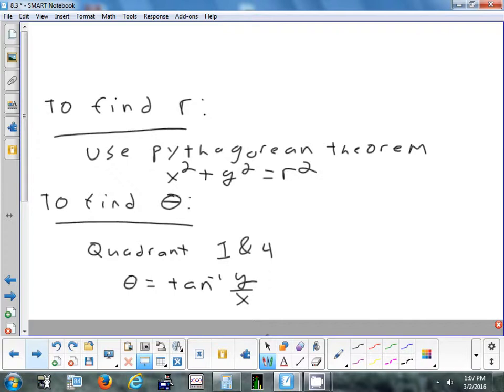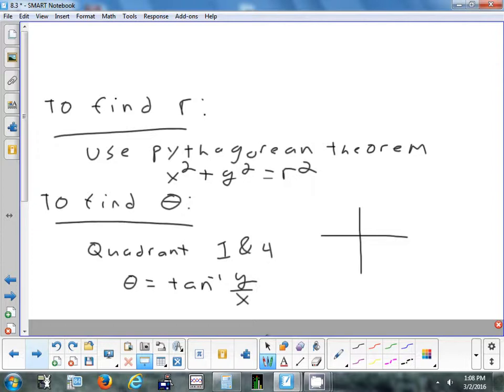Now that formula works fine as long as you're in quadrants 1 or 4. Let's see why. When we first started studying inverse tangent, we said if you type in an argument and then press inverse tangent, you're always going to get an answer between negative this number and positive this number.